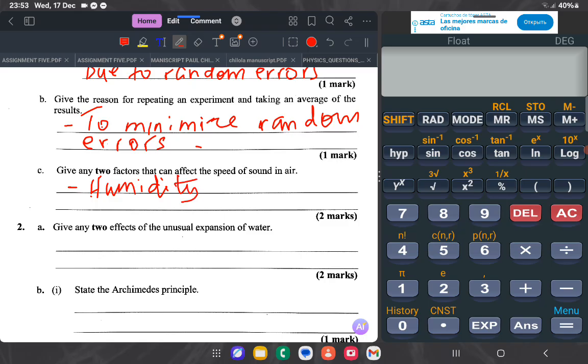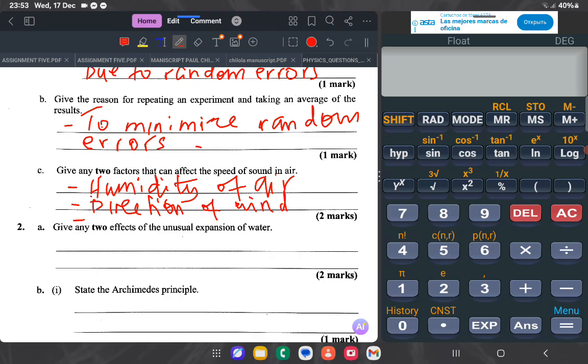The higher the humidity of air, the lower the speed of sound. It can also be affected by the direction of wind, or windy direction.